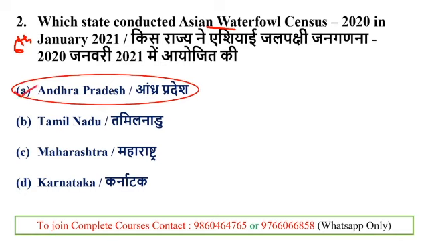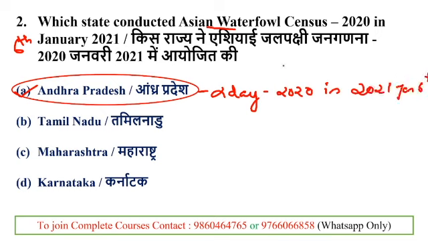So Andhra Pradesh is the state that conducted the 2-day Asian Waterfowl Census of 2020 in 2021, Jan 6th. So you can know the ducks.